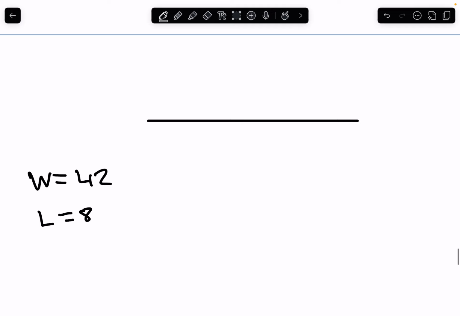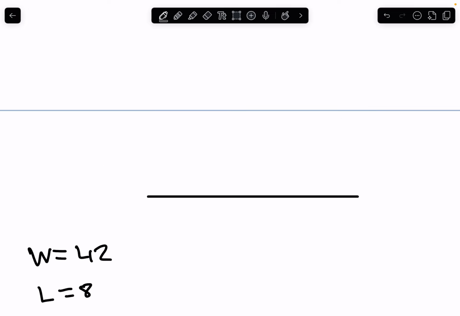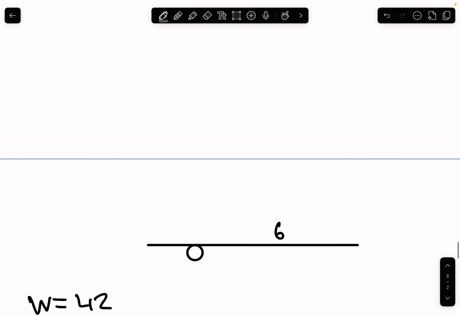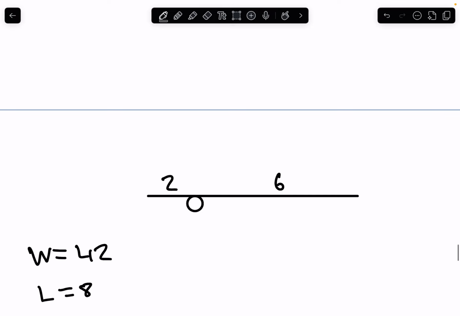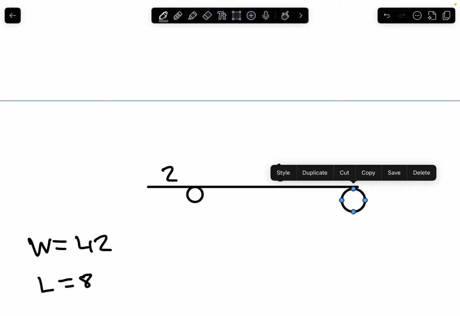The rod is hinged at its right end and supported at a point 6 meters from the frictionless pivot. So here, this is the support, and this distance is 6, and this distance is 2, so the bigger distance is 8. And this is the pivot.